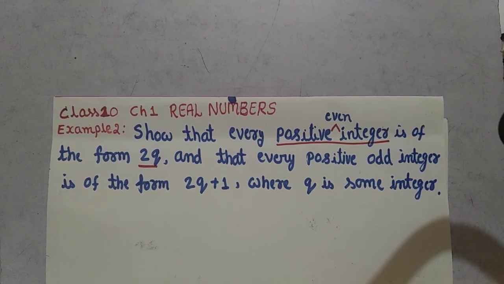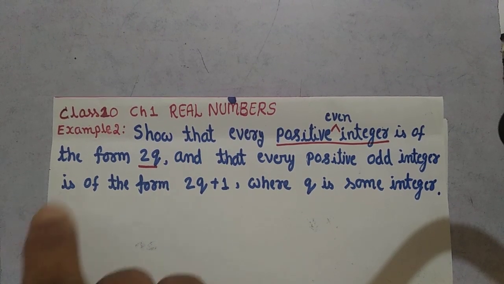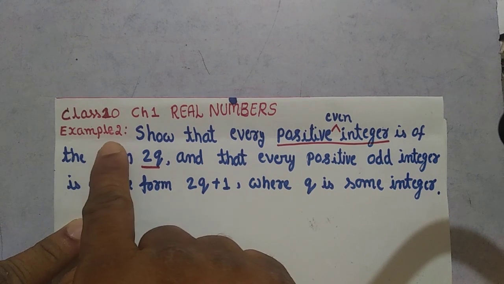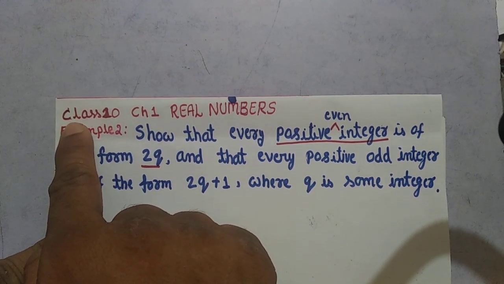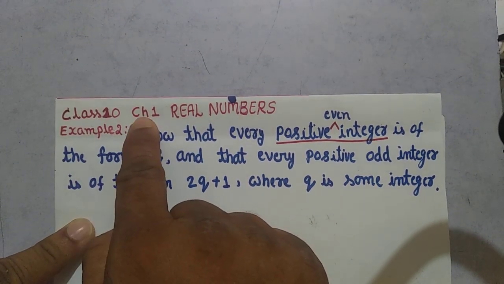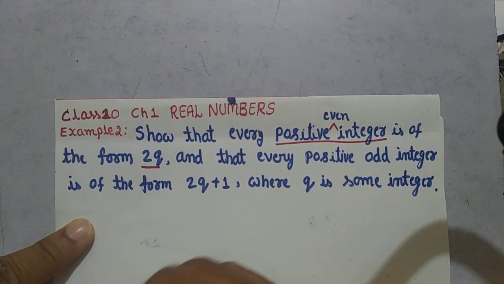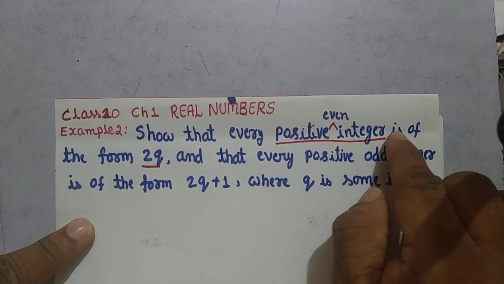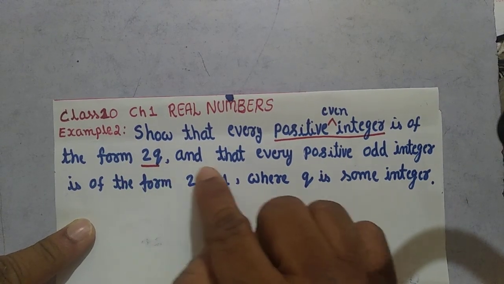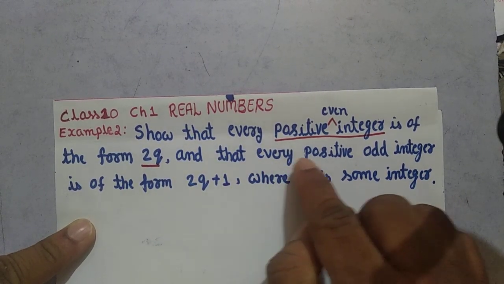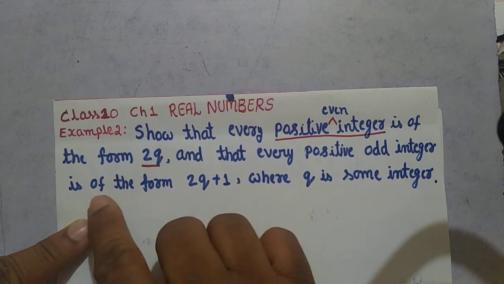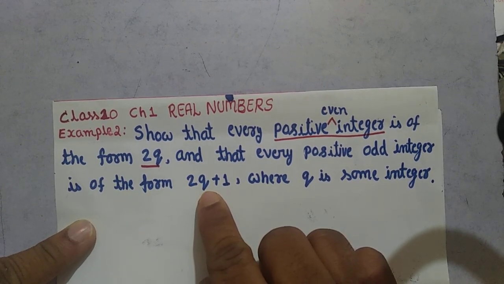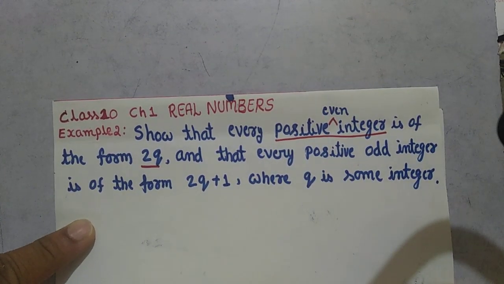Hi friends, today we are going to solve example 2 only. This is related to class 10th chapter 1, Real Numbers. Show that every positive even integer is of the form 2q and that every positive odd integer is of the form 2q plus 1, where q is some integer.